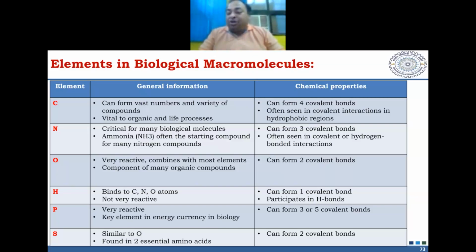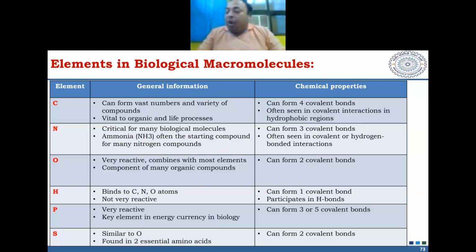The hydrogen bond is so famous, so effective, that it is named after hydrogen. Phosphorus is very reactive, a key element in the energy currency in biology, and can form 3 or 5 covalent bonds. Sulfur, similar to oxygen, is found in two essential amino acids and can form two covalent bonds.